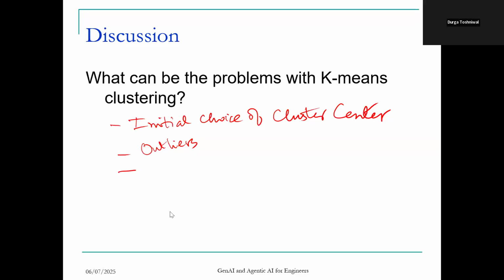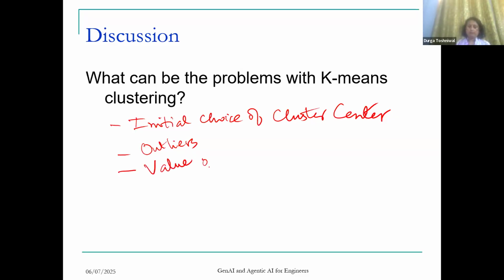If you don't have any estimate on the value of k, then what can we do with k-means clustering? Nothing. So this is a very critical requirement, and that is the input that needs to be given. So either we have to iterate through many values of k and draw the objective function, or we need to have some prior information about the k value. So this is one important limitation.